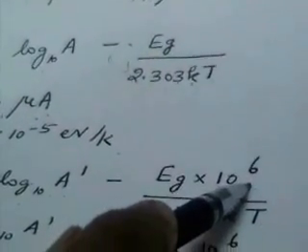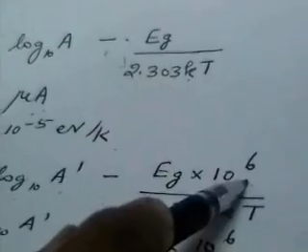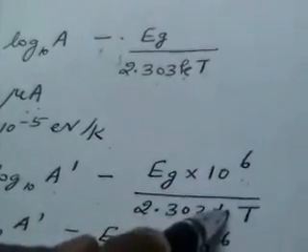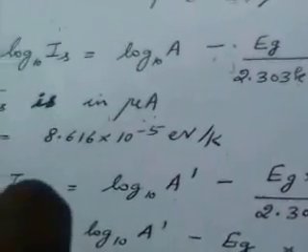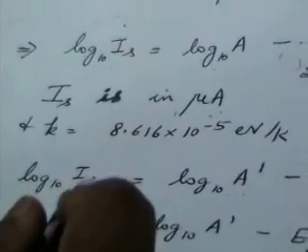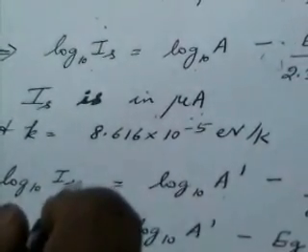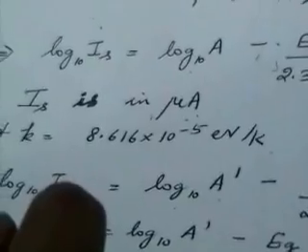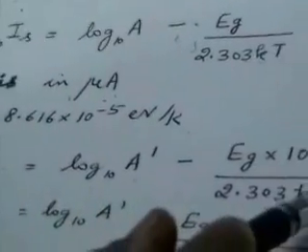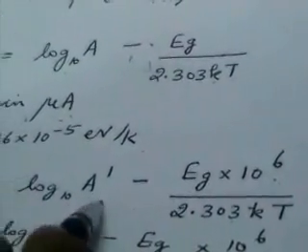This 10 power 6 has come into the numerator of this term because Is was in microamps, so to convert it into amperes, we have to multiply by 10 power minus 6, and then when it comes to the other side, it will become divided by 10 power minus 6.